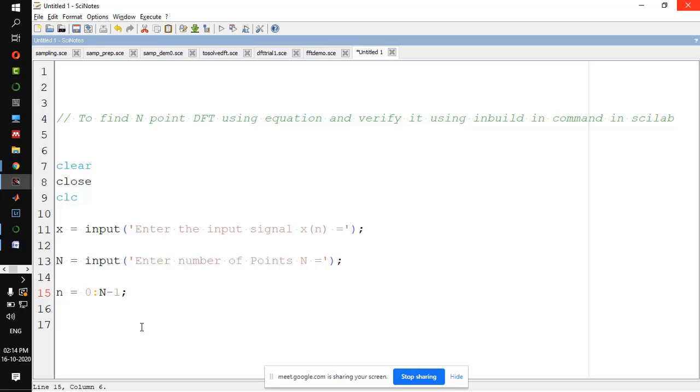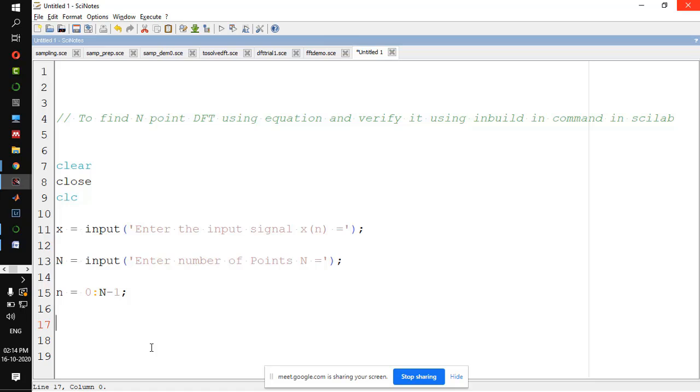If you want a step size of 0.1, you have to give one more argument in between, 0.1. But I don't want that, I want the step size to be just 1. We used this step size in the previous experiment to plot a sine wave. So n is varying from 0 to N minus 1.